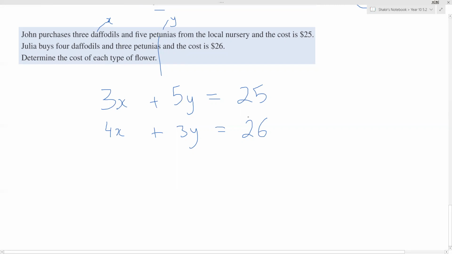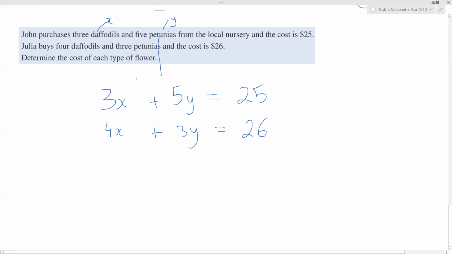So let's solve this. Now, this is one of the harder examples because you can't straightforwardly eliminate something. If I add these together, nothing gets eliminated. If I subtract these, nothing gets eliminated. So I'm going to have to multiply these equations to make the numbers the same. What can I multiply top and bottom by such that either the Y's will have the same coefficient or the X's will have the same coefficient?